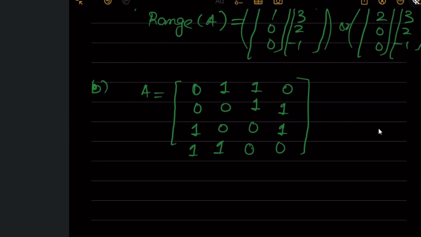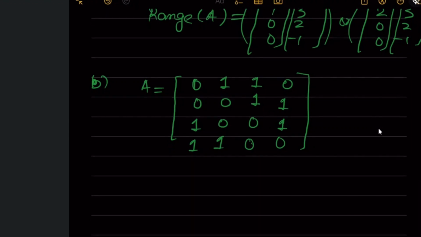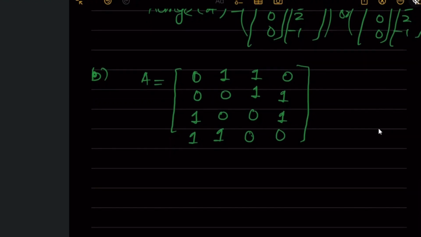All are independent, isn't it? How did you conclude that all are independent? Because this is not the RREF form. You can see ones and zeros, but it's not like it is an RREF form, right?